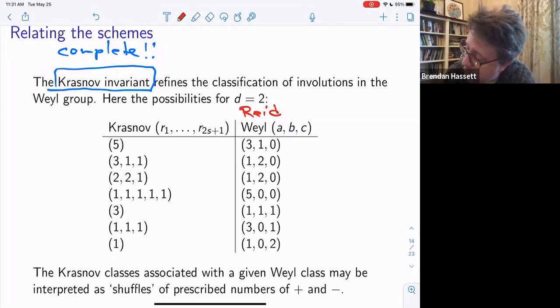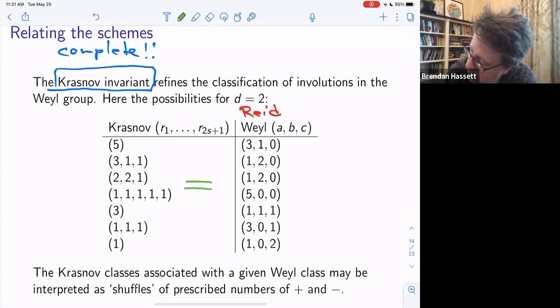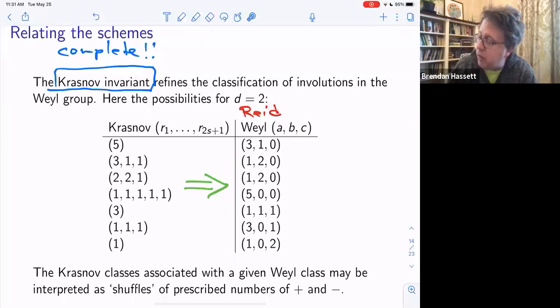And the general approach is that I can go from the Krasnov invariants to get the Wall invariants, but it could be the case that two Krasnov invariants give you the same Wall invariant. And so you can see this in one example here, where we get two different isotopy classes that give rise to the same conjugation in the Wall group.